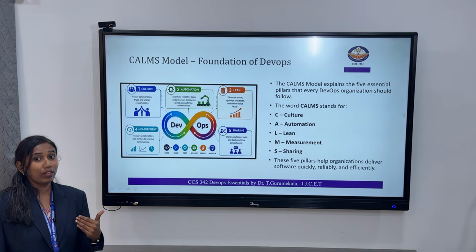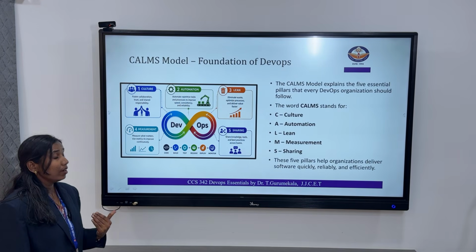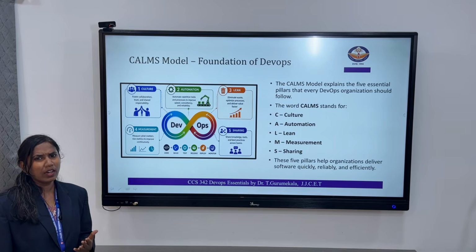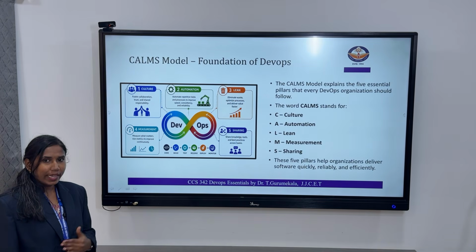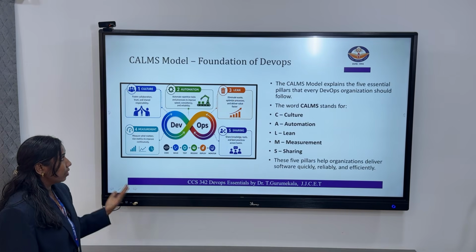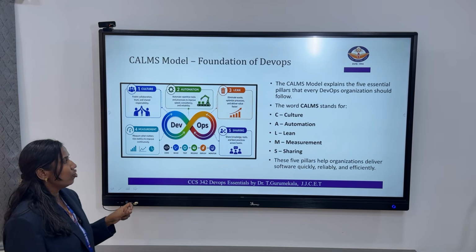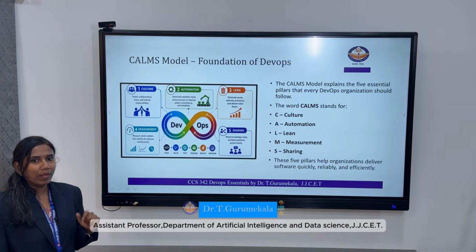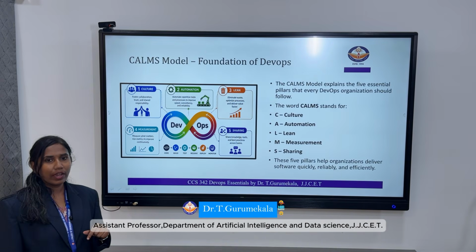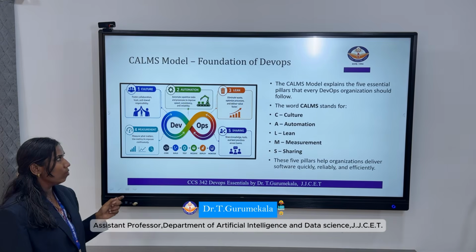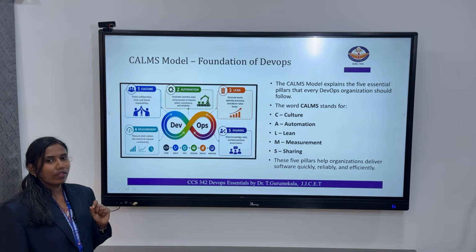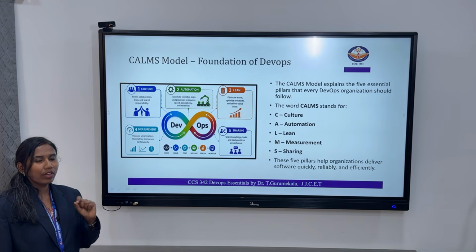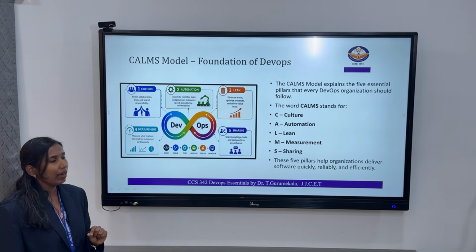That was the culture in the previous methodologies. But here, DevOps is framed both psychologically and technically. This culture says that instead of blaming each other, we all sit together and solve the error in a collaborative manner.